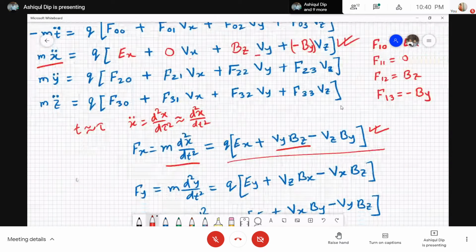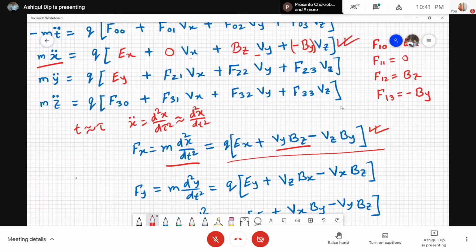Okay, so do the same thing for the next equation. As you can see, d2y over dt squared is approximately equal to y double dot, because it's the low velocity limit. So again f20, what's that? Ey. Then Vz Bx, where do we see that? Here, right? So f23 has to be equal to Bx.